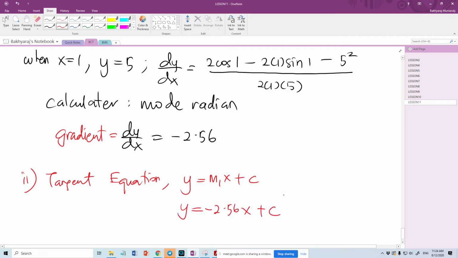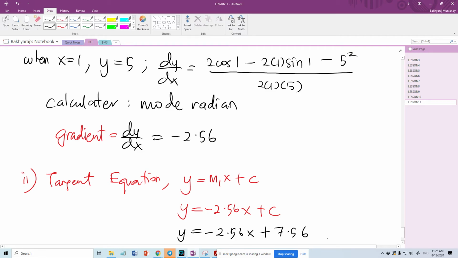If we put in 1, 5, the last answer should be y equal negative 2.56x plus 7.56.